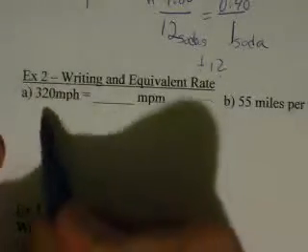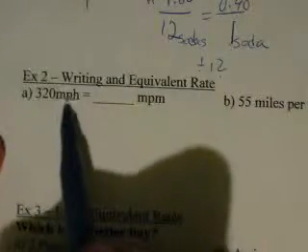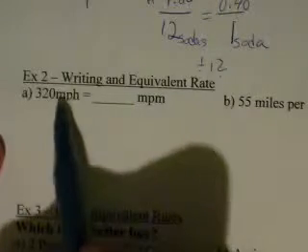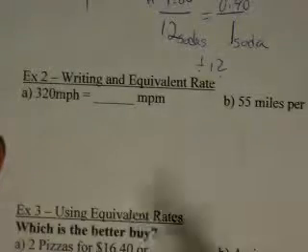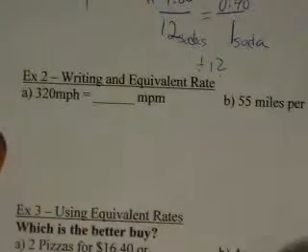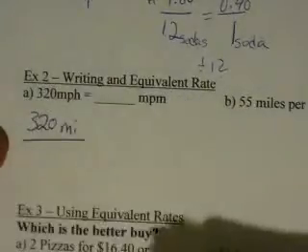First off, if I'm going to change 320 miles per hour, mph, and I want to change that into miles per minute, some of you could probably figure out how to do this in your head. I'm going to show you how to do it on paper, using ratios. So I'm going to set this up: 320 miles per 1 hour.